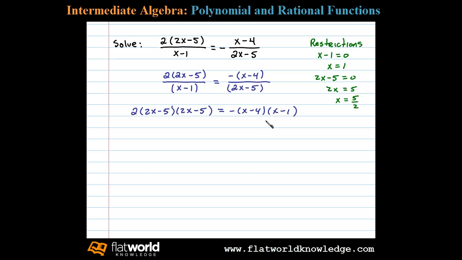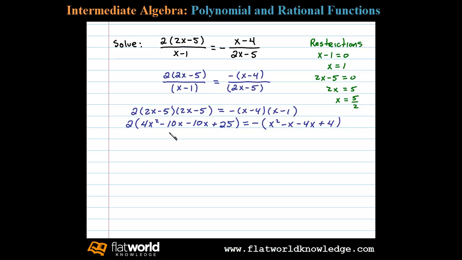And so we can solve this equation as usual. Let's begin by distributing. That'll leave us with 2 times 4x squared minus 10x minus 10x plus 25 equals negative x squared minus x minus 4x plus 4.